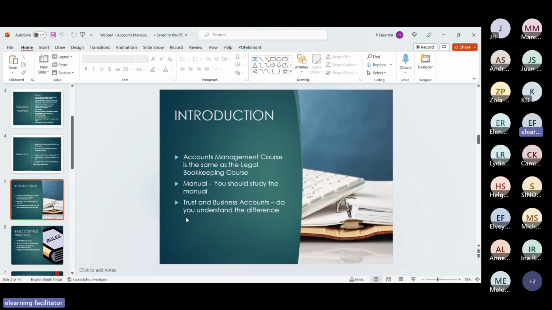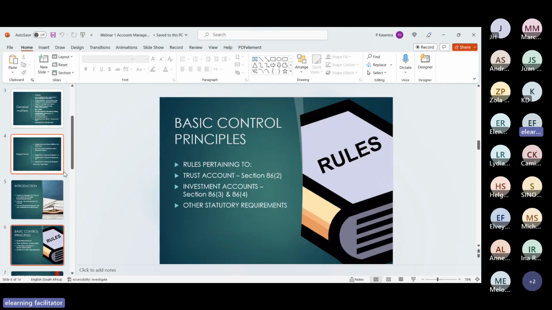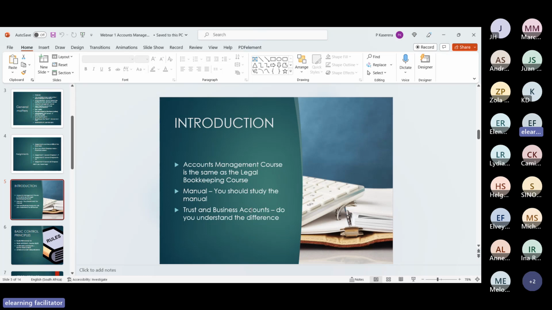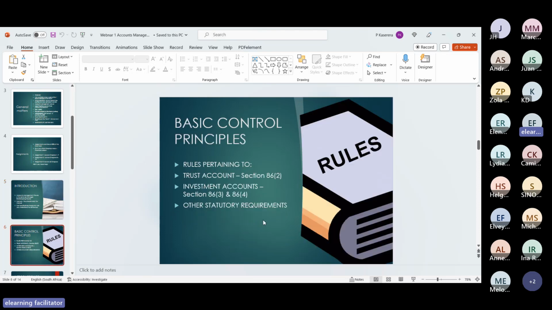Then the introduction, where you get your manual. Make sure you get your manual there, and you get an introduction to trust and business accounts, and you are taught the differences. And also the basic control principles.